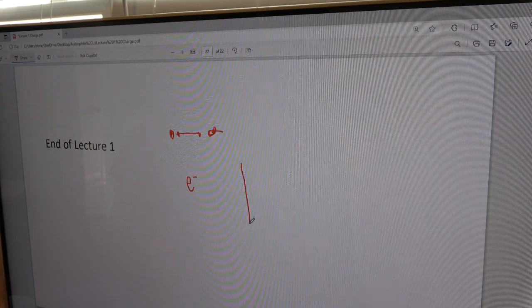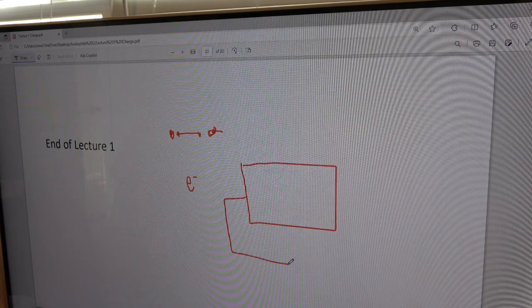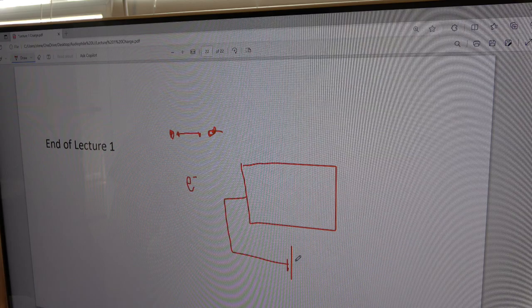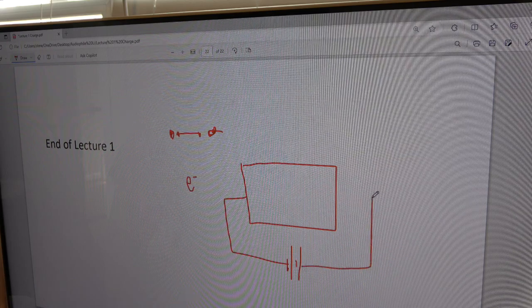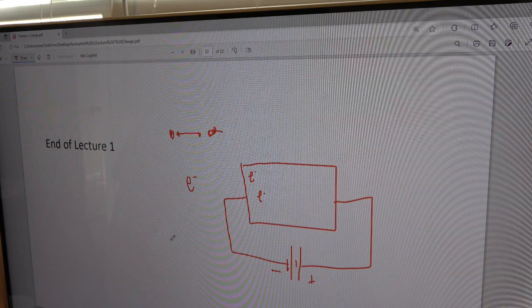And when an electromotive force such as voltage is applied to a conductor such as a wire, I'm going to draw some electrons in here, these electrons do not move in a straight line.